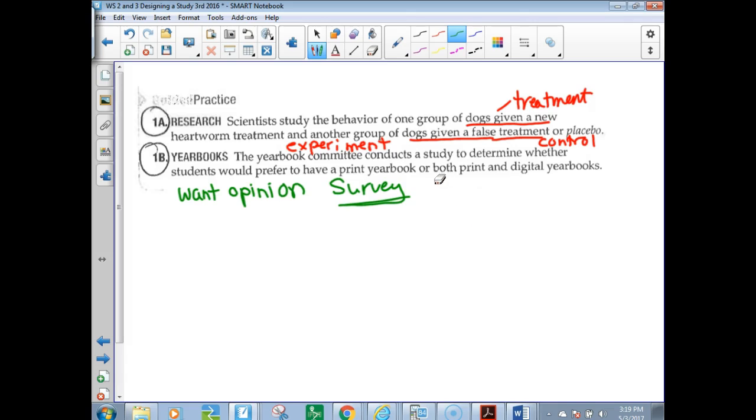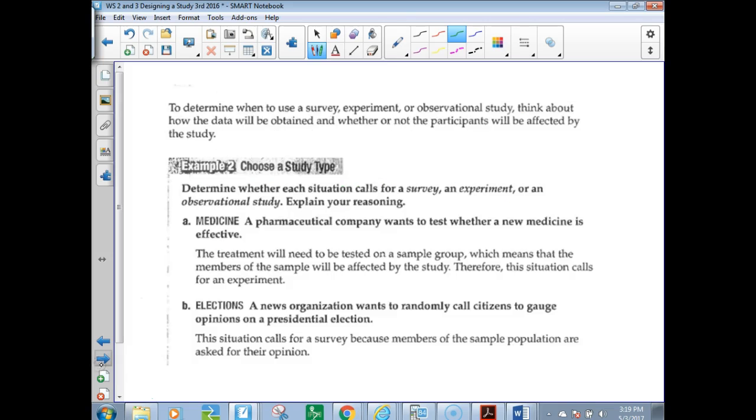You would want to pick the students at random or survey everybody, right? If you're not going to do a random selection, do them all.